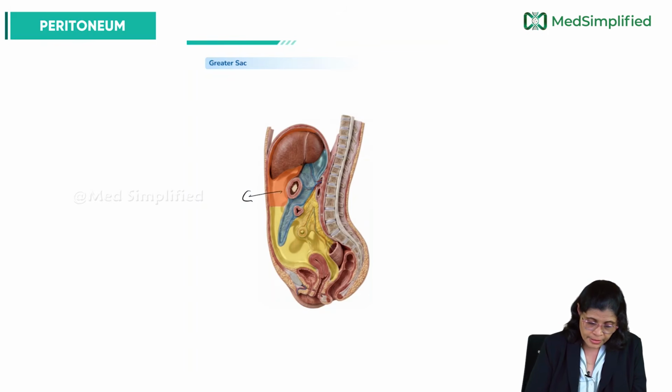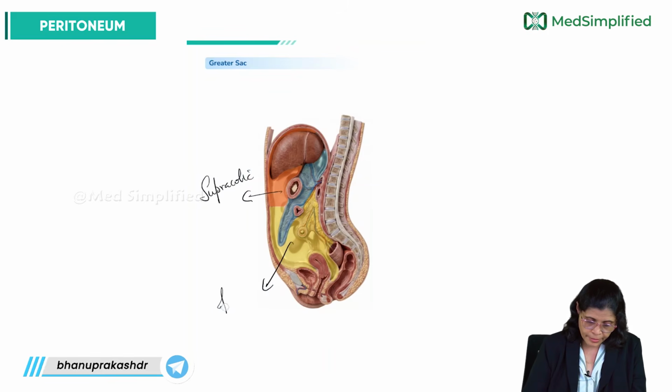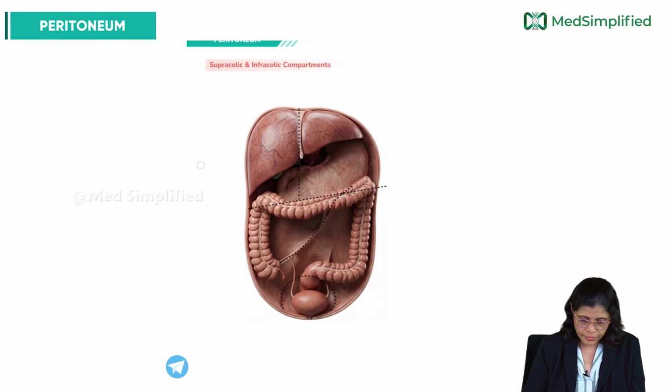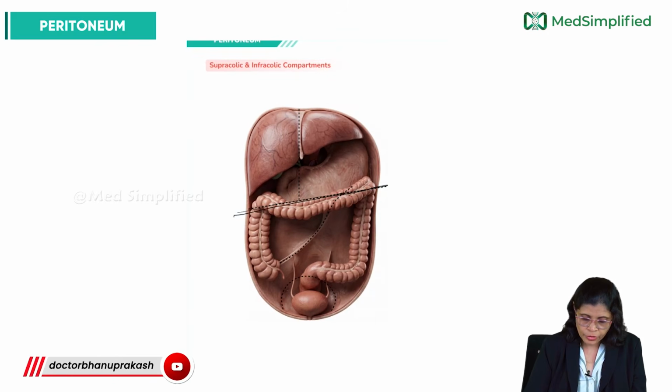So this becomes the supracolic and this is the infracolic compartment. When we see from the front, this is the point of demarcation: above this is the supracolic and this is the infracolic.